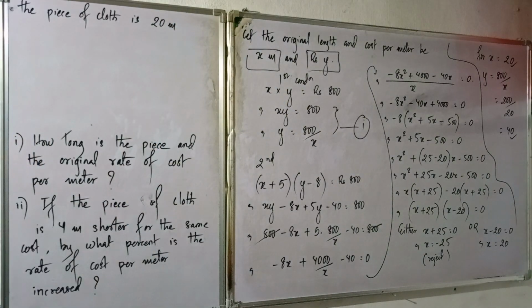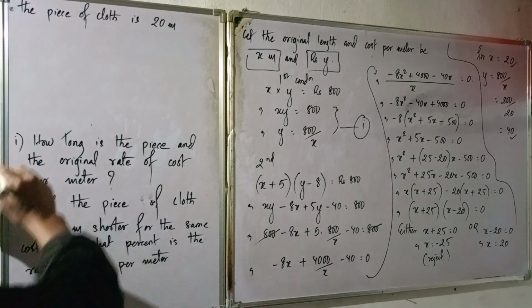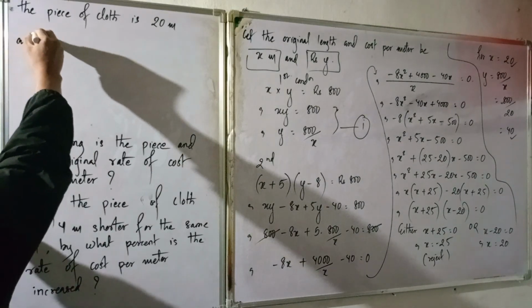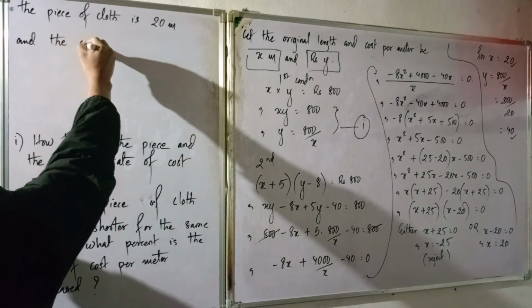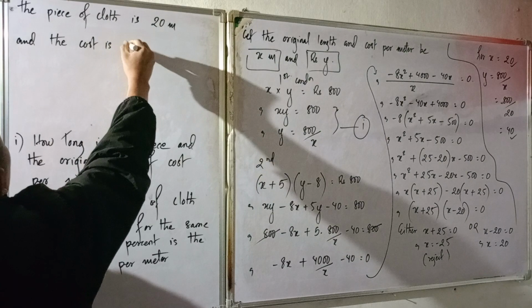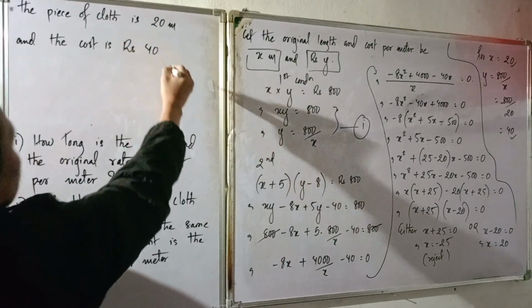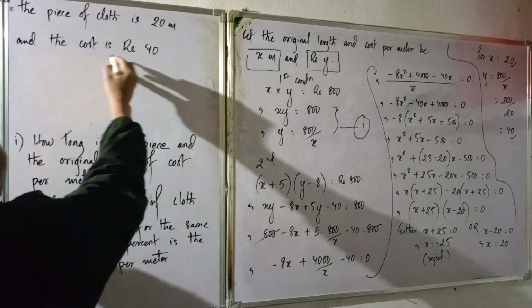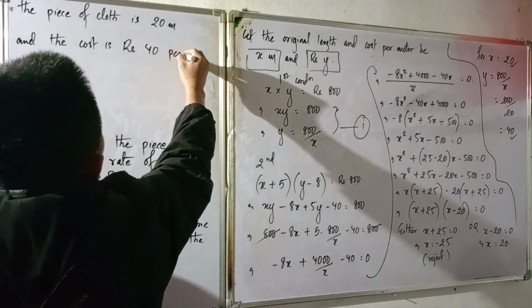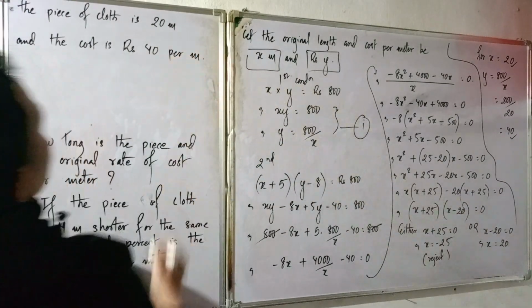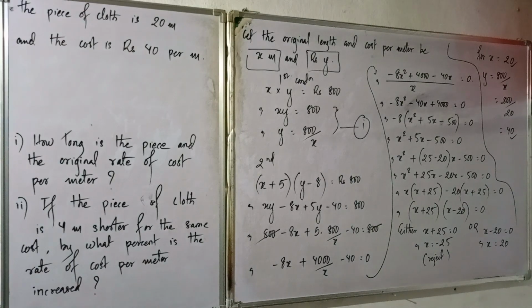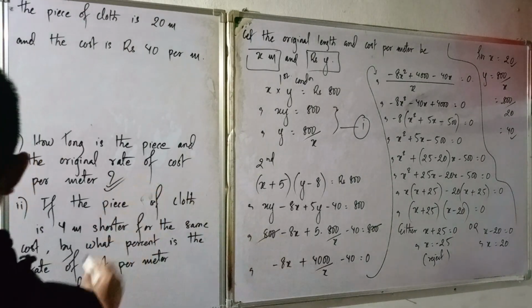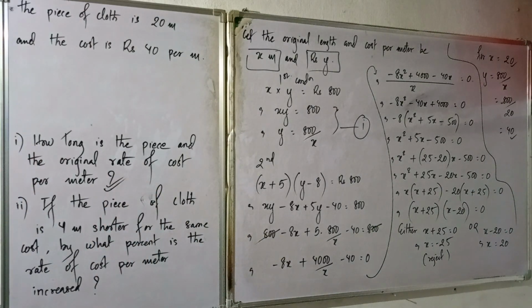The piece of cloth is 20 meters and the cost is rupees 40. Yes, y represents the cost, and the cost is rupees 40 per meter. So this is the answer for part one. Okay, now part one's answer is finished.